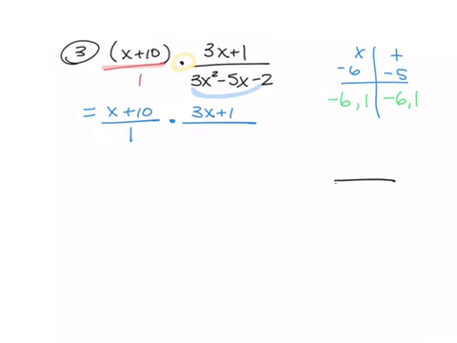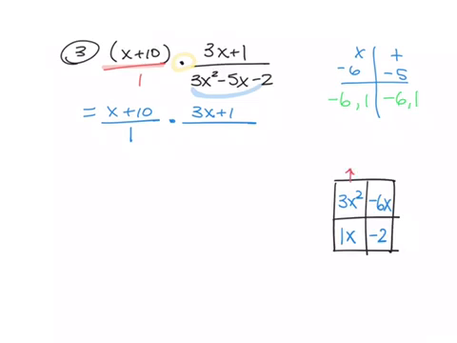So now when we create our box, in the upper left, we are going to have 3x squared. In the bottom right, we have -2. And then we'll have -6x in one box and +1x in the other one.